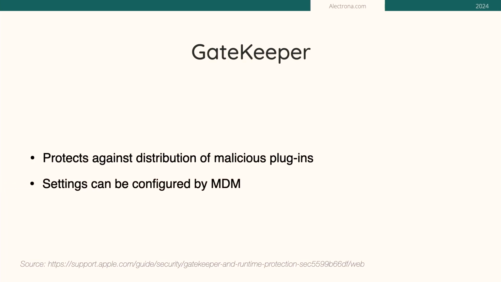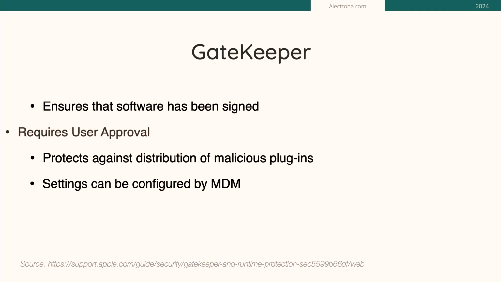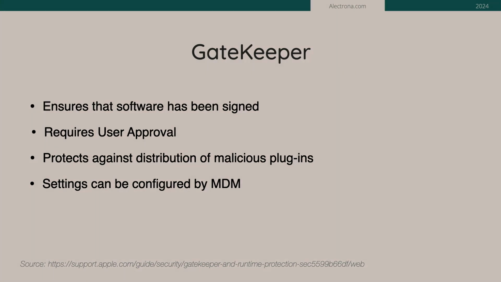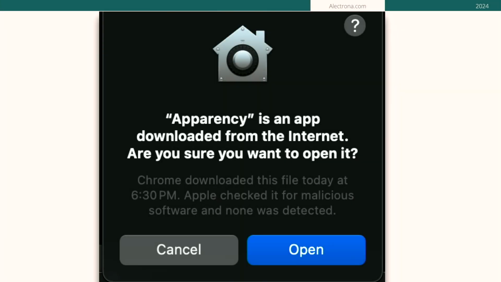These settings can be configured by MDM, and it ensures that the software has been signed and does require user approval. Many of you might recognize the next slide here with this prompt of, "Are you sure you want to open this application?" This is Gatekeeper, which is built-in technology in macOS, notifying us that, hey, are you sure you want to open this file? We can't necessarily verify its authenticity.